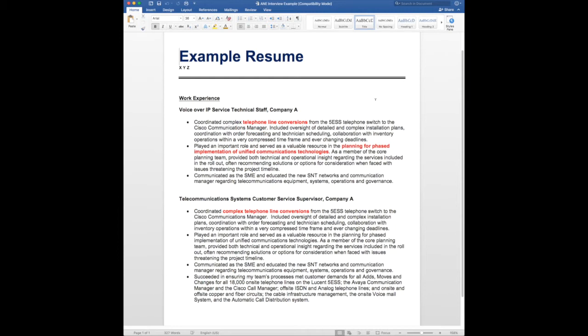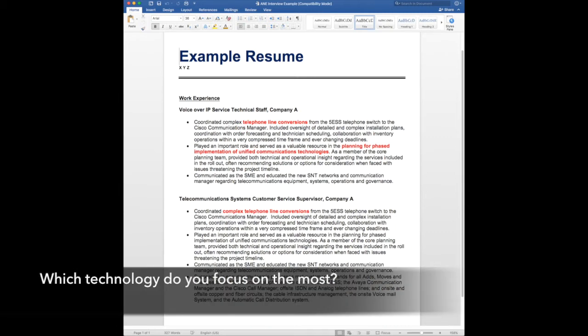So with this information, what kind of questions would I typically ask this person? With that information, just walking through the resume, I would want to ask: which technology do you focus on the most with your jobs and your experience?